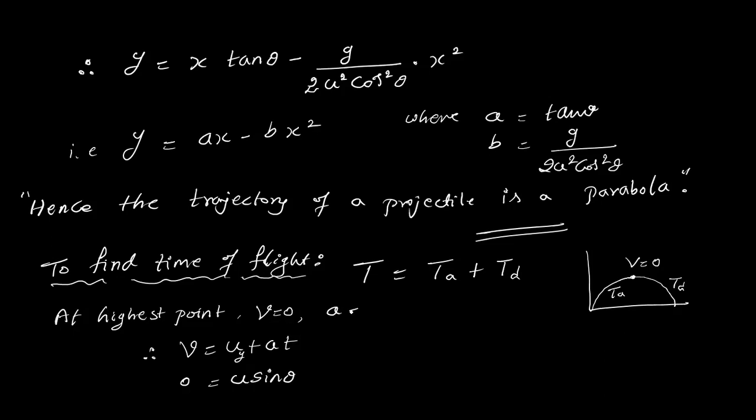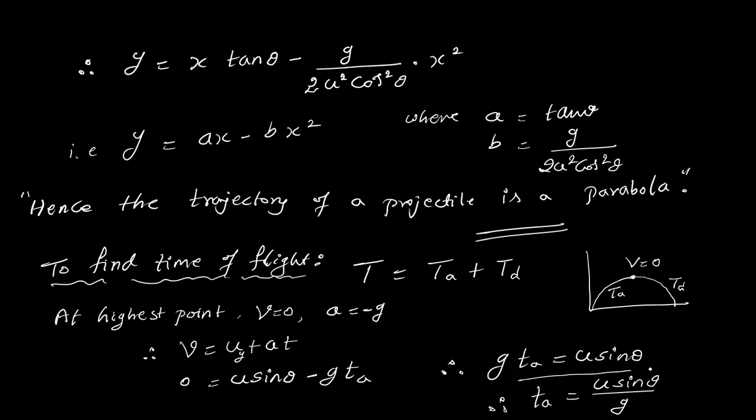And when it is traveling vertically up, we can take a as minus g, minus g t. That's the time of ascent here. Therefore, the time of ascent is equal to u sine theta divided by g.